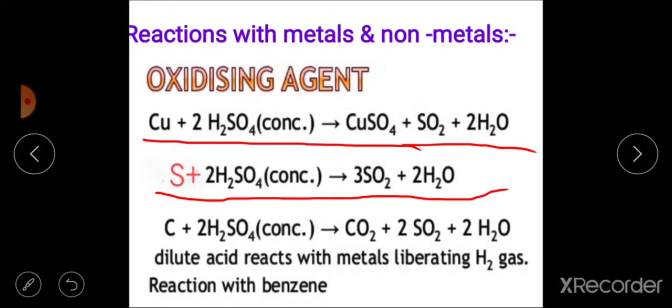Then carbon reacts with 2 H2SO4, concentrated sulfuric acid, and carbon dioxide, sulfur dioxide and water molecules are produced. These are some of the oxidizing properties of sulfuric acid. It oxidizes metals and non-metals.